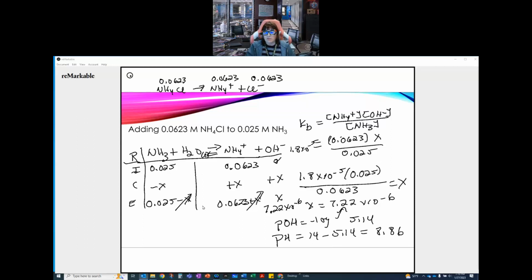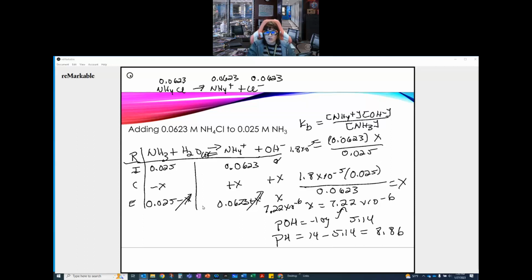One thing that I will mention to you is we need to know ways that we can make buffers. There are two major ways that we make our buffers. One is by adding the conjugate acid to a weak base, or the conjugate base to a weak acid. If I directly add them, I've now made a buffer. The other way is to take a weak base or a weak acid and titrate it with a strong acid or strong base.